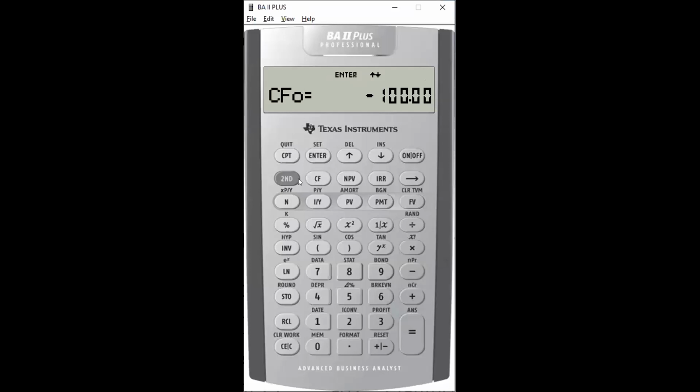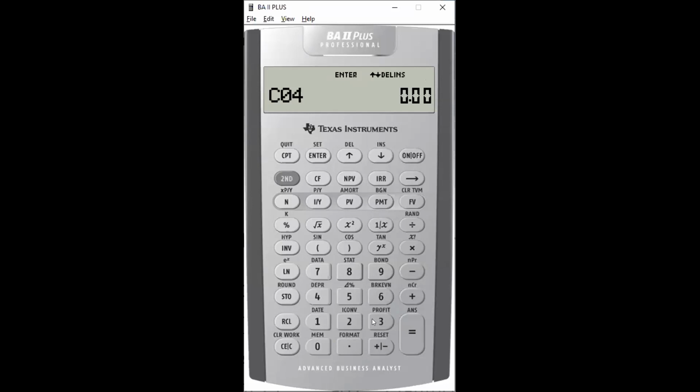Click CF and clear all the previous work. For t equal to 0, the difference between cash flows of A and B is 0. CF1 is 30. We only have one 30, so F01 is 1. CF2 is 0. We only have one 0. CF3 is negative 10.